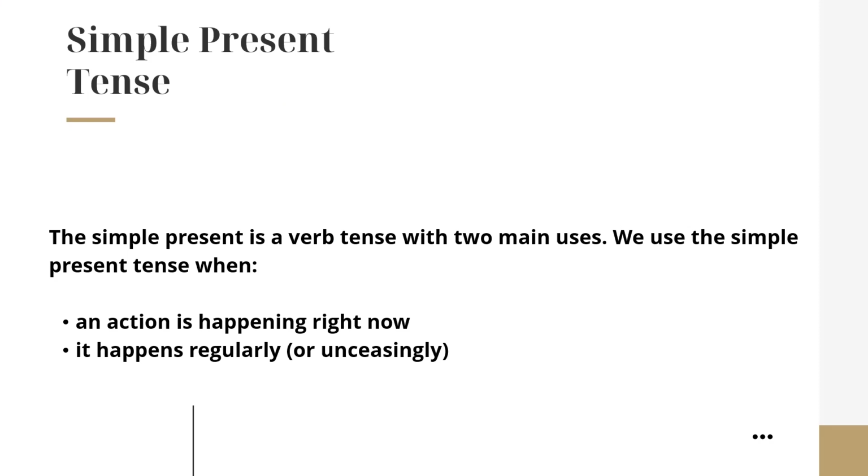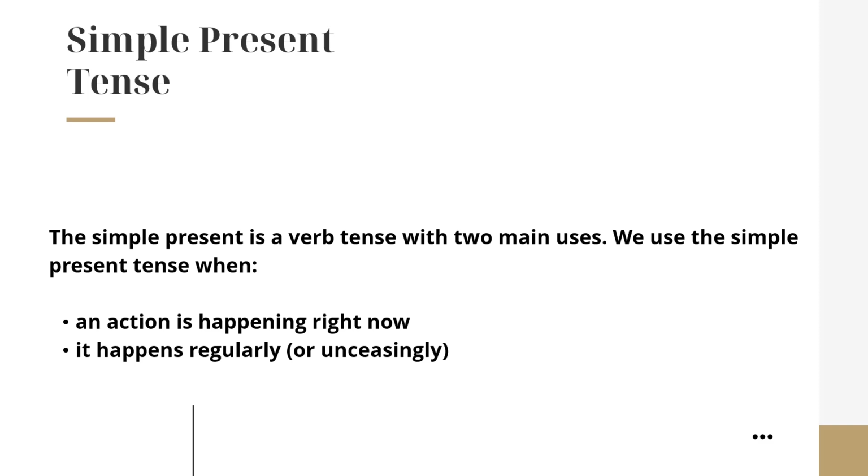The simple present tense is a verb tense with two main uses. We use the simple present tense when an action is happening right now, or it happens regularly or unceasingly. It could be permanent, like a job. Tom works at Starbucks.